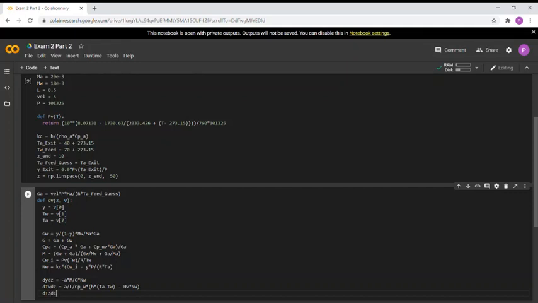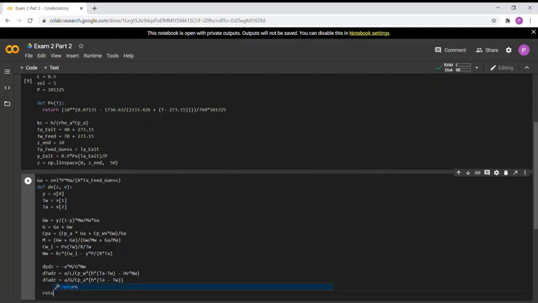And for the air it is similar, so it has A over G over Cp of air times H times temperature of air minus temperature of water. Alright, then we return, first is y, so dy dz, next is dt water dz, and then dt air dz.